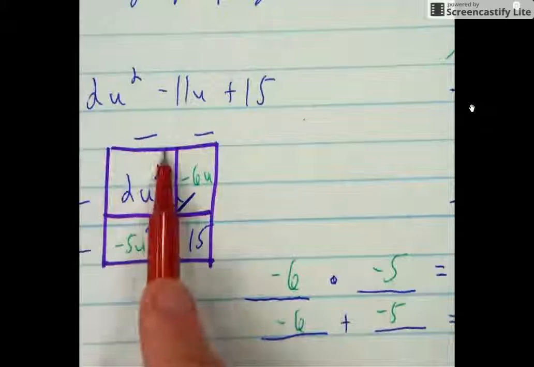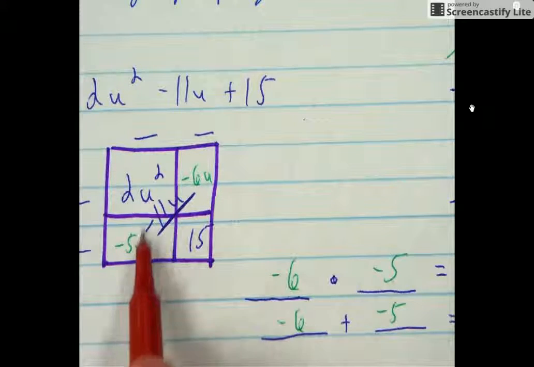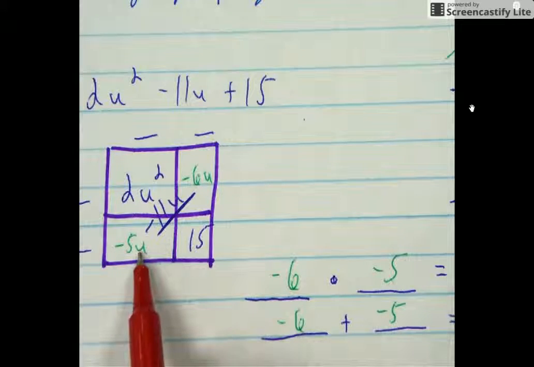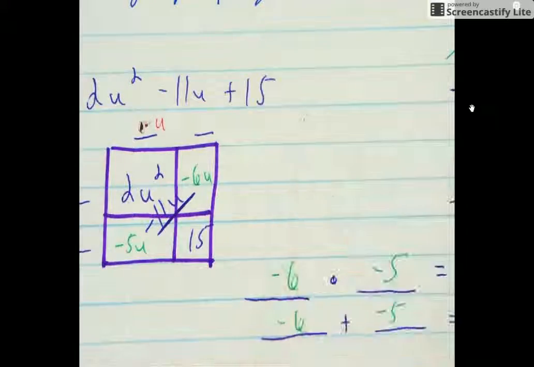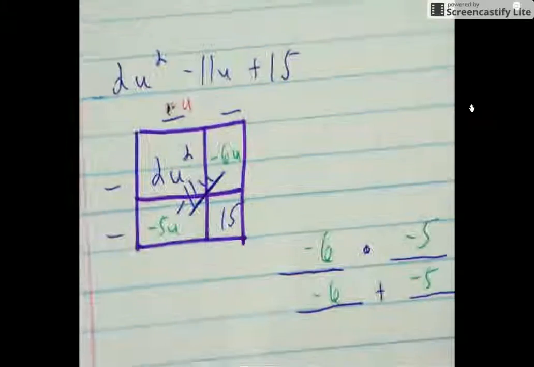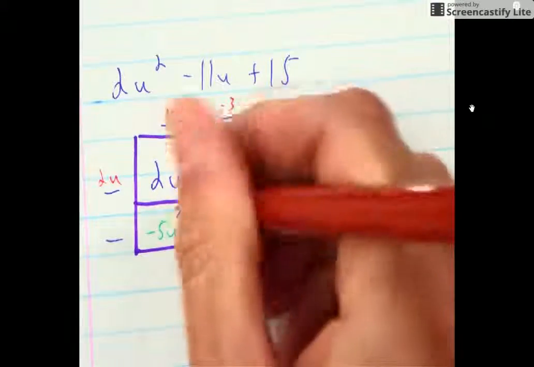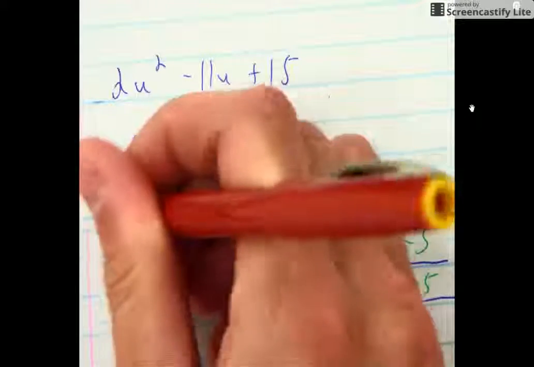This dimension is going to be the greatest common factor of these two expressions here, these two terms. So it's just going to be u, which means that this must be 2u over here. So this has to be negative 3, and this has to be negative 5.